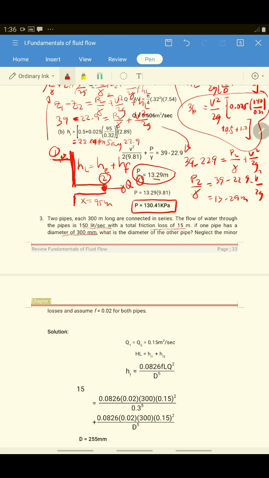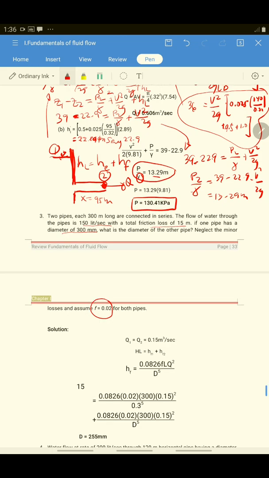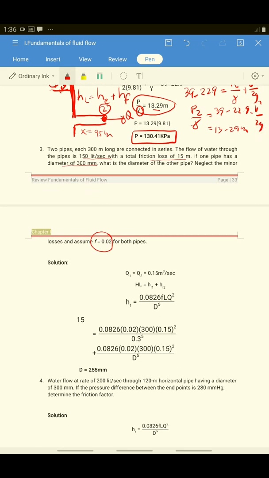Neglect the minor losses. The friction factor is 0.02 for both pipes.